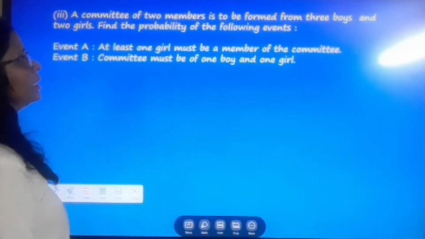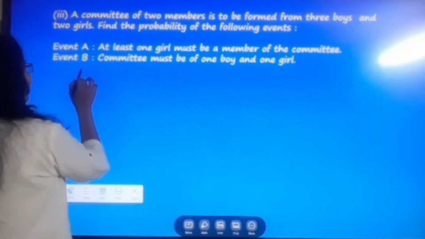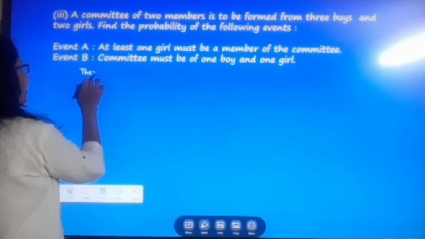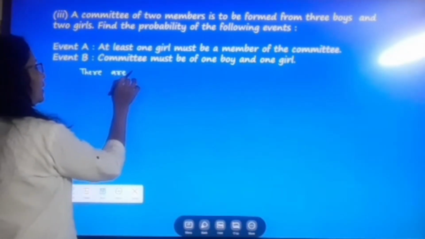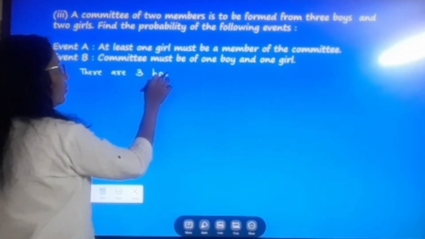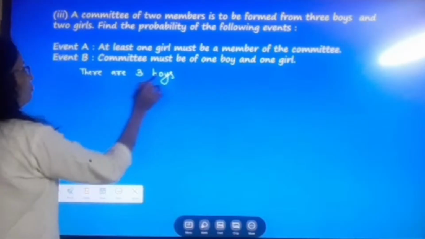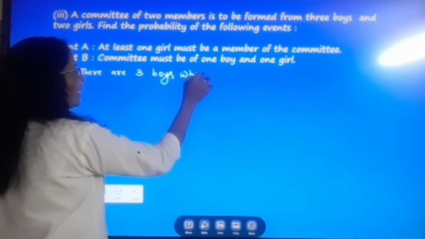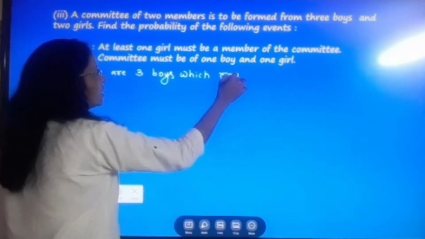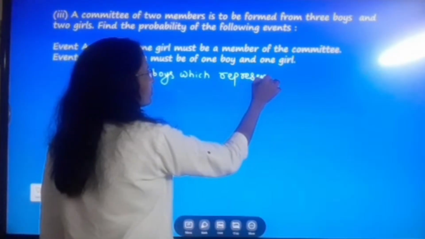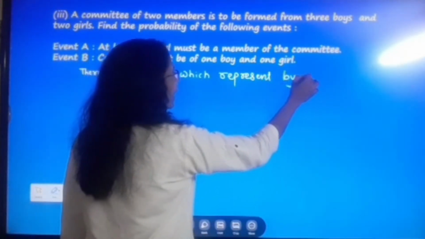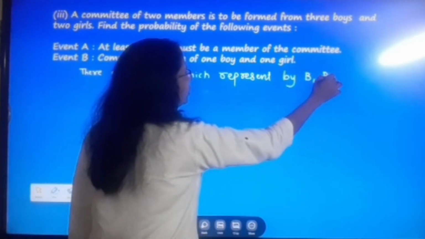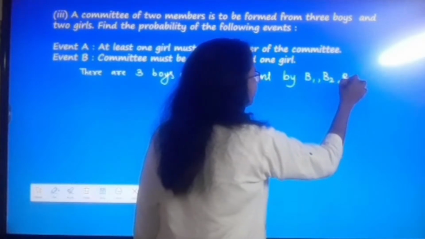First, here there are 3 boys. I write down there are 3 boys, which are represented by B1, B2, B3.